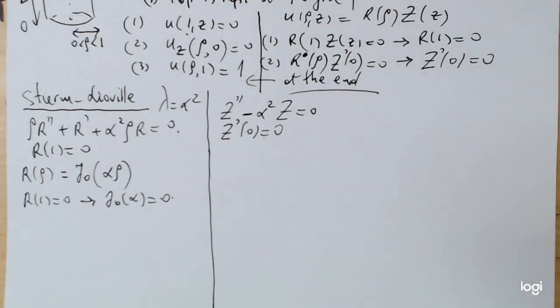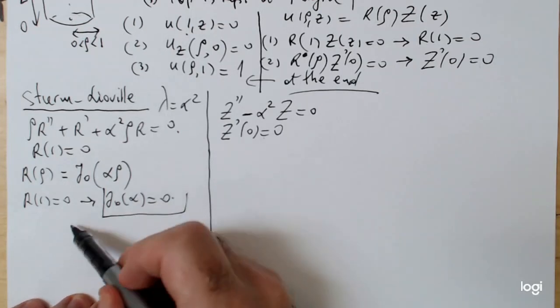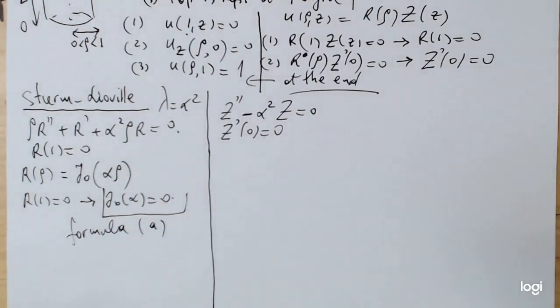This is the moment to stop and look at the boundary conditions listed in those Fourier Bessel series. So anticipate that you're going to have to use formula A in that handout when the time comes to actually come up with Fourier Bessel series.